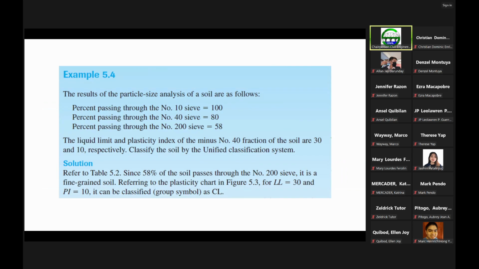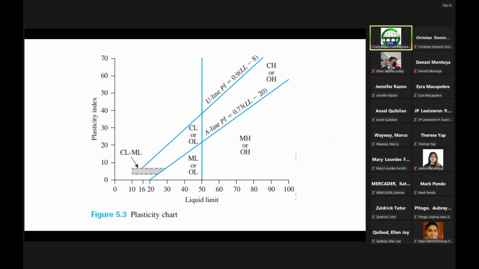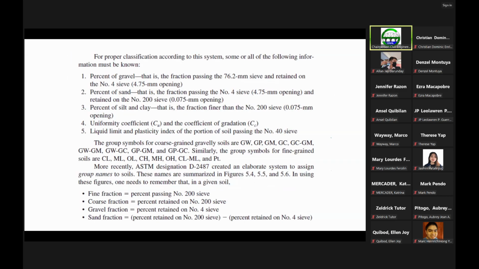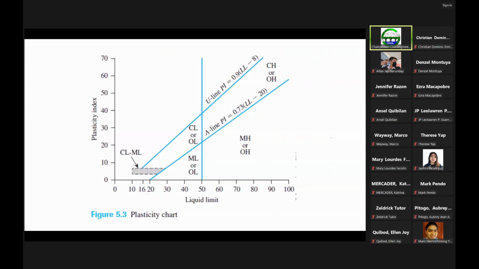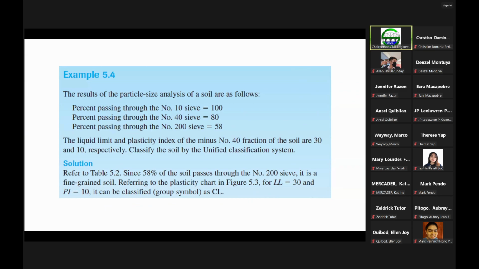Here we have some results of the particle size or grain size analysis test of the soil, which gives us the percent passing through the number 10 sieve. The percent passing the number 40 sieve is 80, and the percent passing through the number 200 sieve is 58.